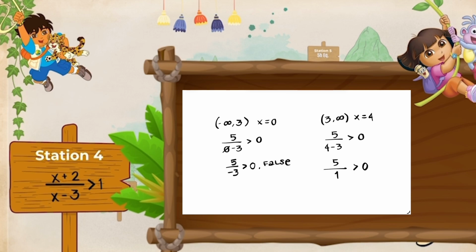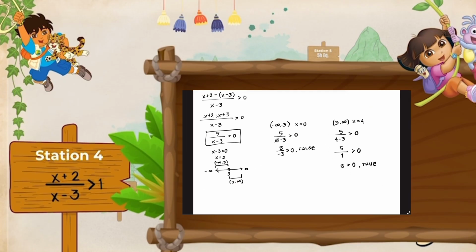Let's simplify it. 5 divided by 1 is 5, greater than 0. A positive number is greater than 0, so true. And we're done. What's our interval notation? Our interval notation is 3, positive infinite. And there you have it.